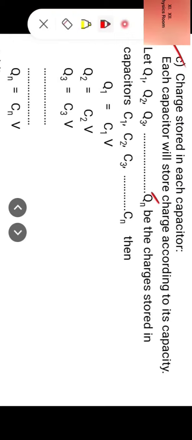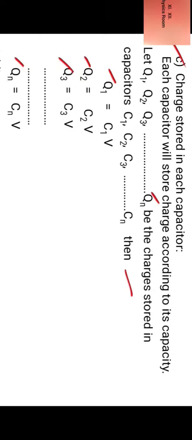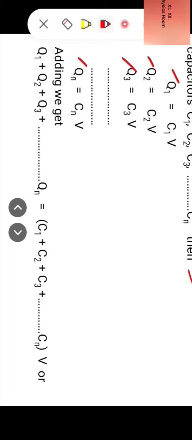Then Q1 is equal to C1V, Q2 equal to C2V, Q3 equal to C3V and so on, Qn is equal to CnV. Adding, we get Q1 plus Q2 plus Q3 plus so on Qn equal to (C1 plus C2 plus C3 plus so on Cn) into V.